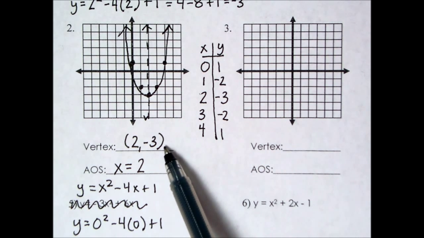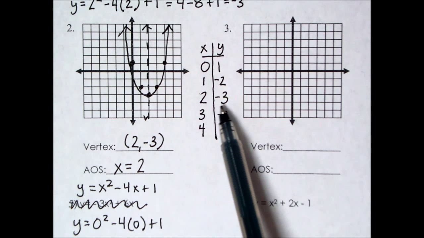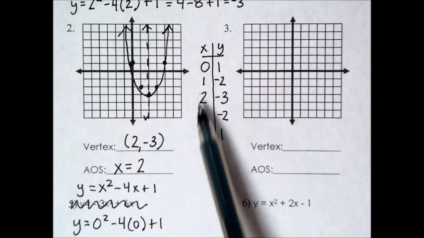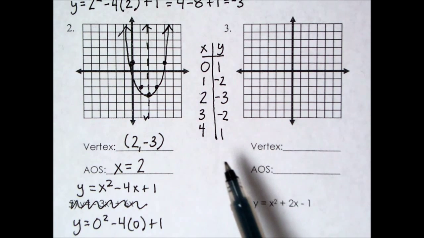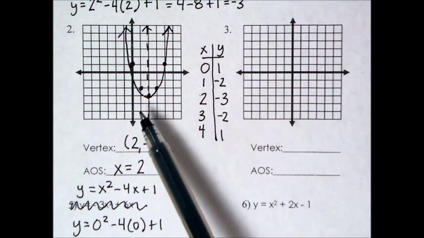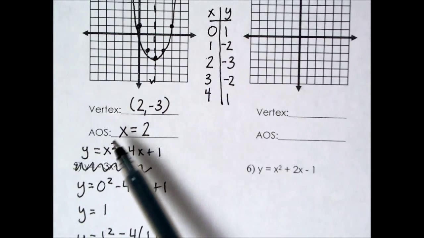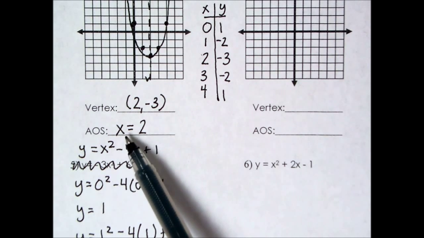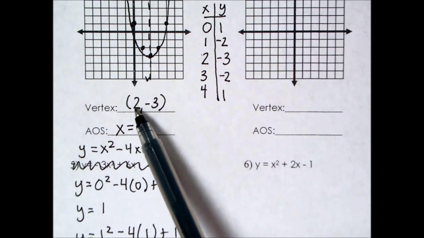Then you take your vertex and you plug it into the middle of the table and pick values for x that are equidistant from that vertex. And then once you plug all that information into your calculator and get your values, you're ready to graph. Don't forget to state your axis of symmetry, which will be an x equals equation. x equals the value of the x in the vertex.